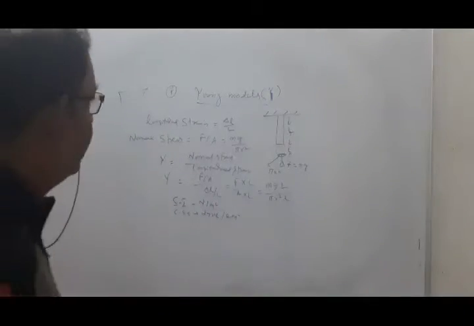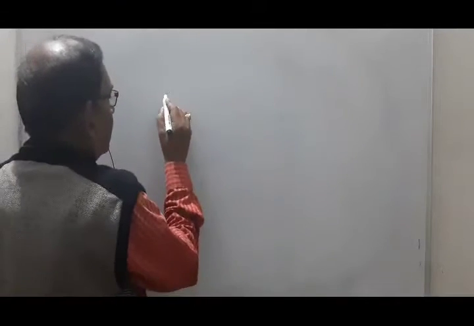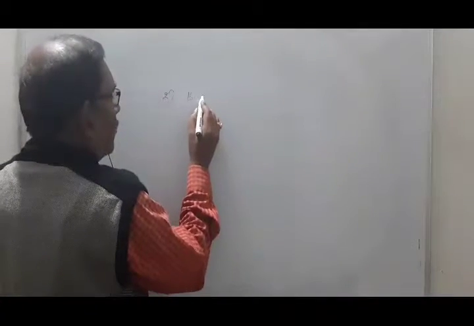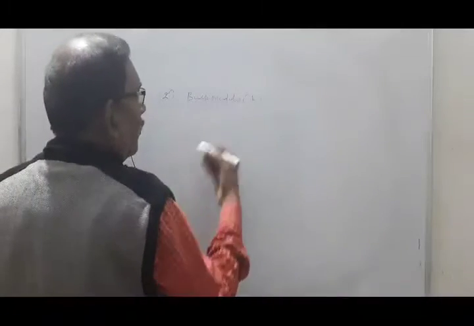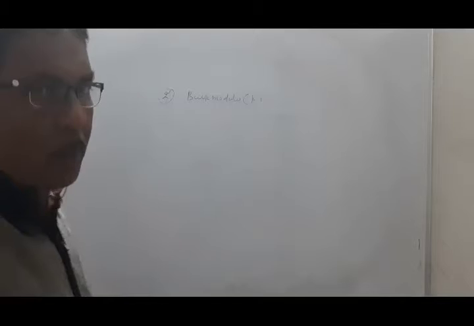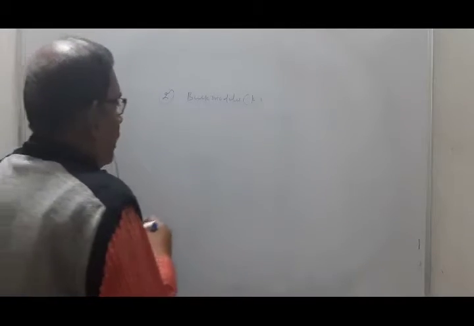Now, the second one is bulk modulus. Indicated by K, in some books it is written as B also. Okay.